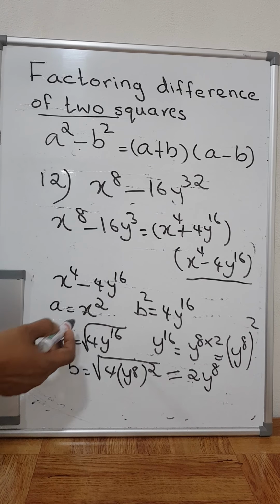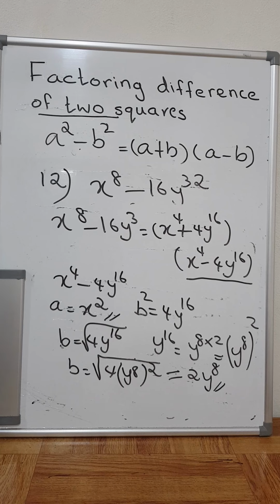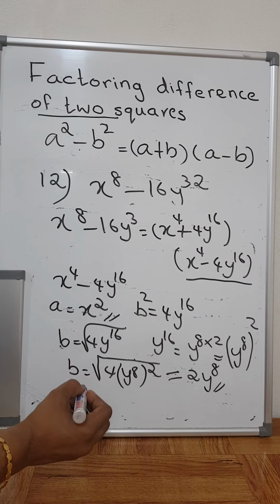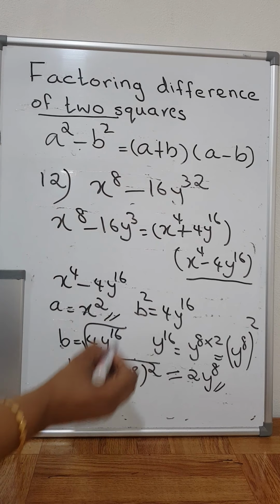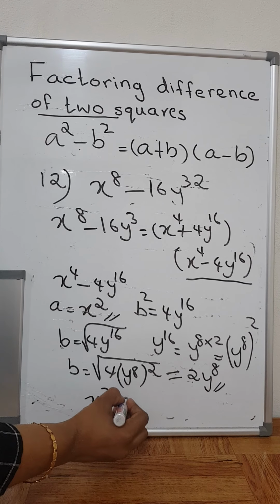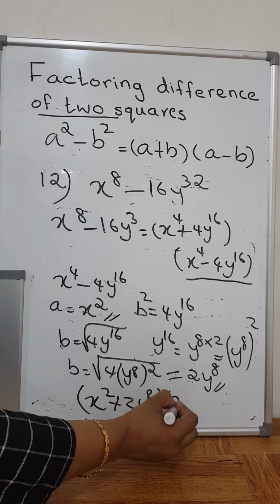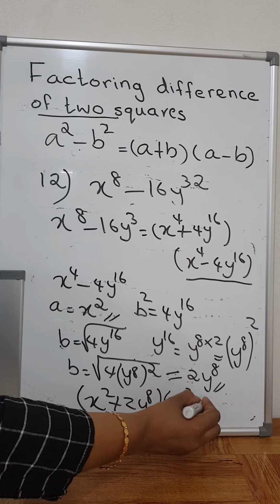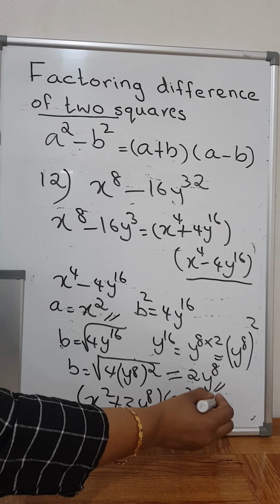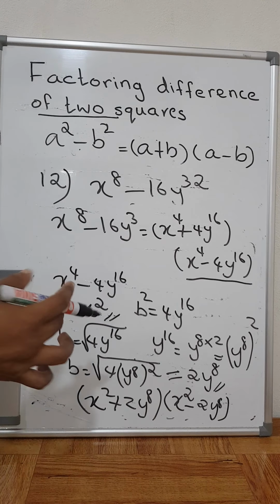So here a is x square, b is 2y to the power 8. We can write it as a plus b times a minus b, you see the formula: x square plus 2y to the power 8 times x square minus 2y to the power 8. See, we have simplified it completely.